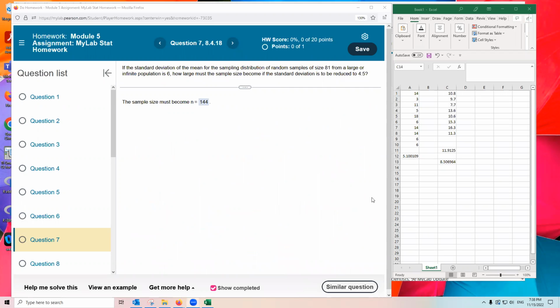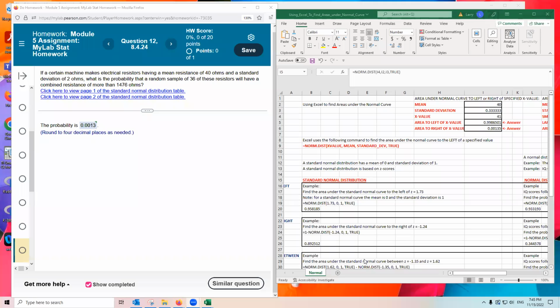Let me take a look at another example here. All right, folks, let me take a look at another example here from the Module 5 homework. This is question number 12. And it says, if a certain machine makes electrical resistors having a mean resistance of 40 and a standard deviation of 2, actually, I'm going to use the population mean here, because I think what's being implied is a population mean, and the population standard deviation is 2.